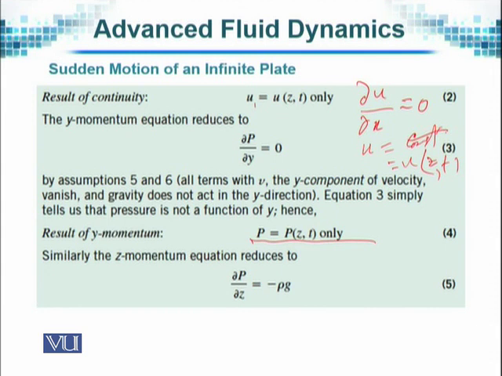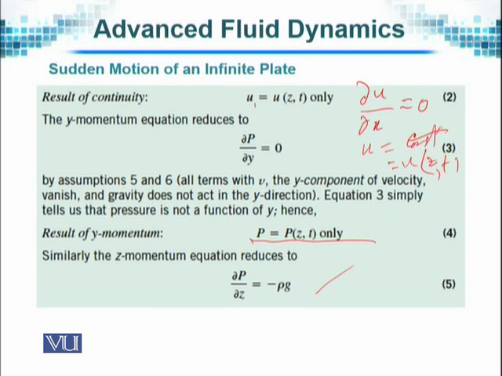Similarly, the z component of momentum equation finally reduces, when we substitute the values, to partial derivative of p with respect to z is equal to minus rho g. All other terms vanish, they drop out.